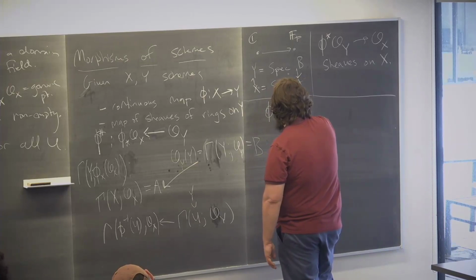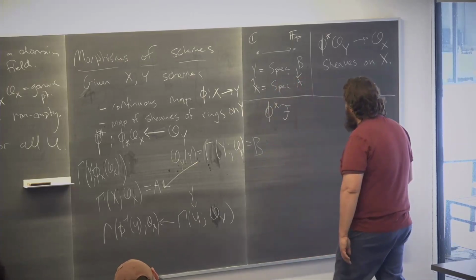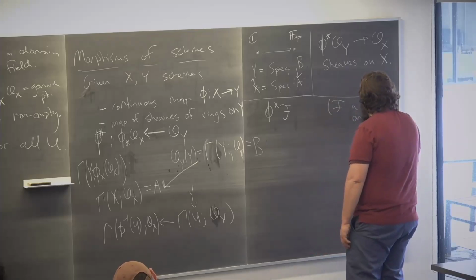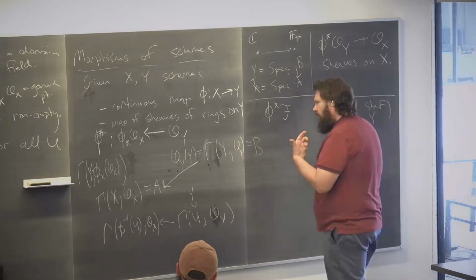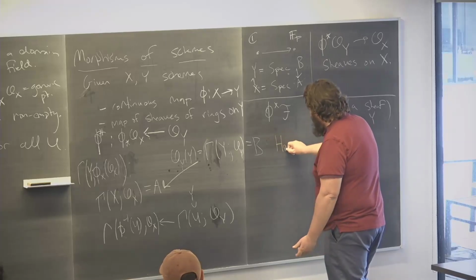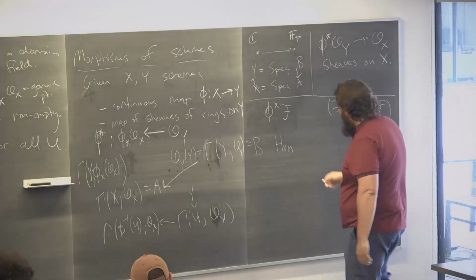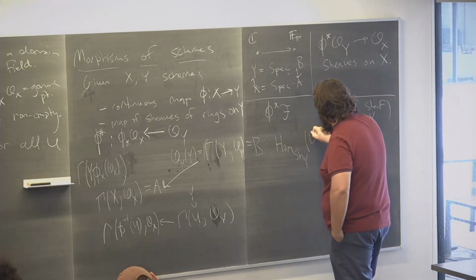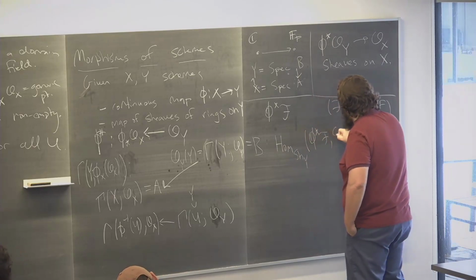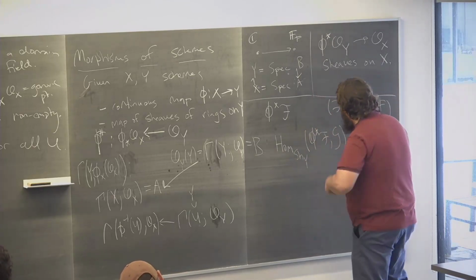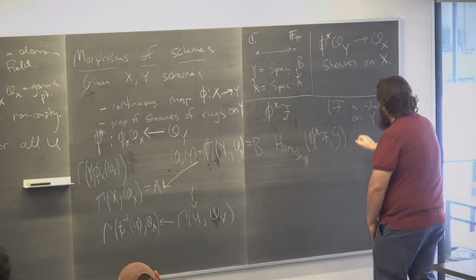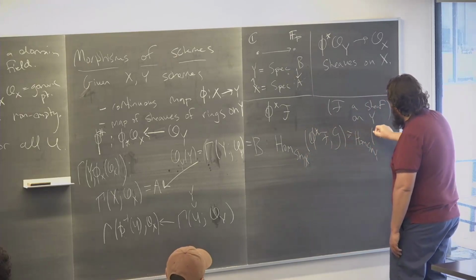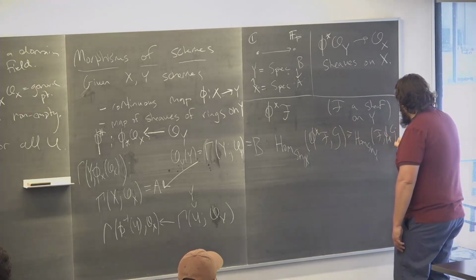So this pullback, now let's say of any sheaf, kind of the correct way to define it is exactly that Hom of sheaves on Y of this pullback into G. Sorry, no, this is Hom of sheaves on X is equal to Hom of sheaves on Y from F to the push forward.